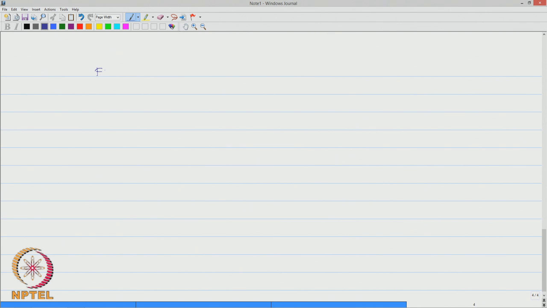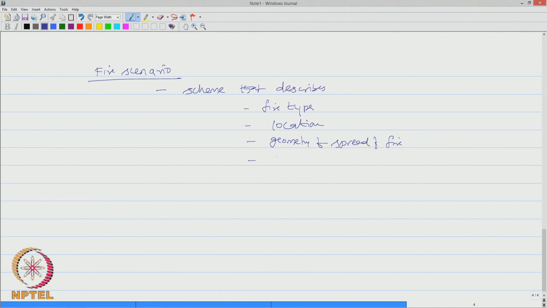Let us quickly talk about what is called a fire scenario. Fire scenario is a scheme that describes fire type, location, geometry of spread of fire, and of course, intensity, which talks about the energy content.